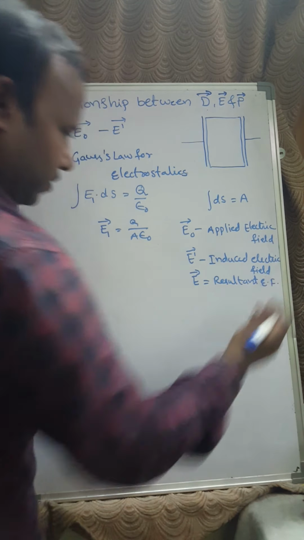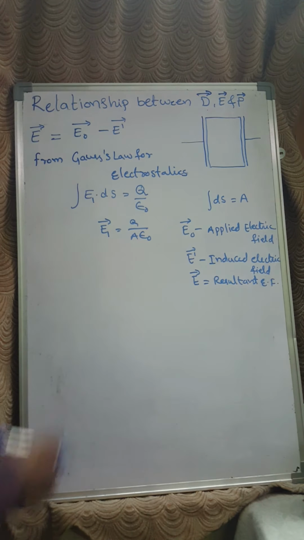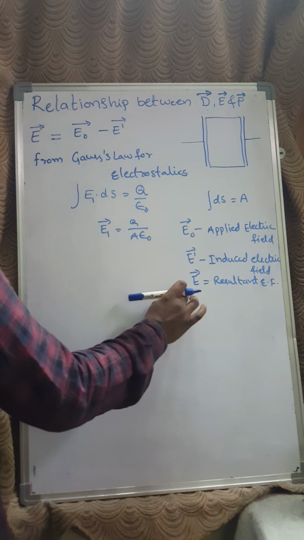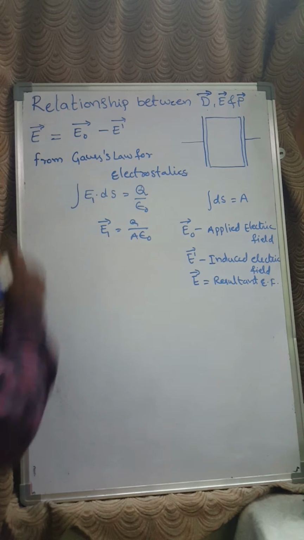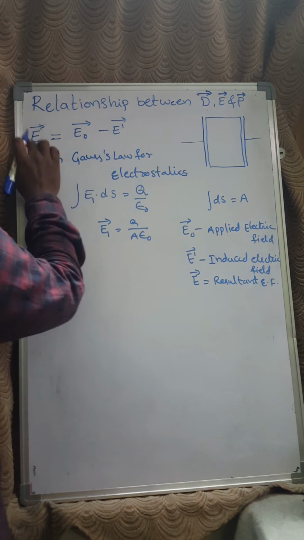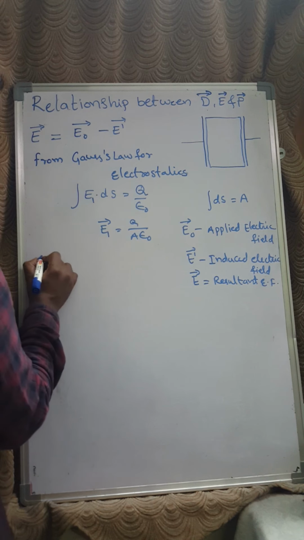Let us apply this Gauss law for electrostatics in three cases, and substituting into this equation, we will get an expression. So let us apply it for the resultant electric field.